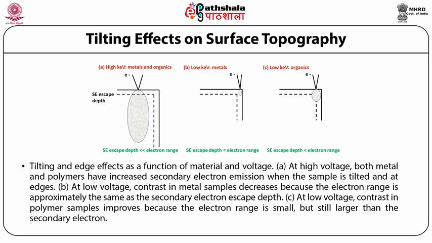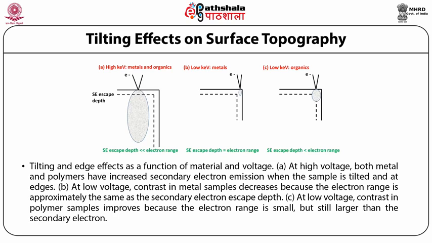As happens in surface roughness, at an edge the secondary electrons can escape from the top surface as well as the side surface, as shown in figure 4. As a greater percentage of the interaction volume is within the secondary electron escape depth, tilting also increases the secondary electron yield by moving the interaction volume closer to the surface.